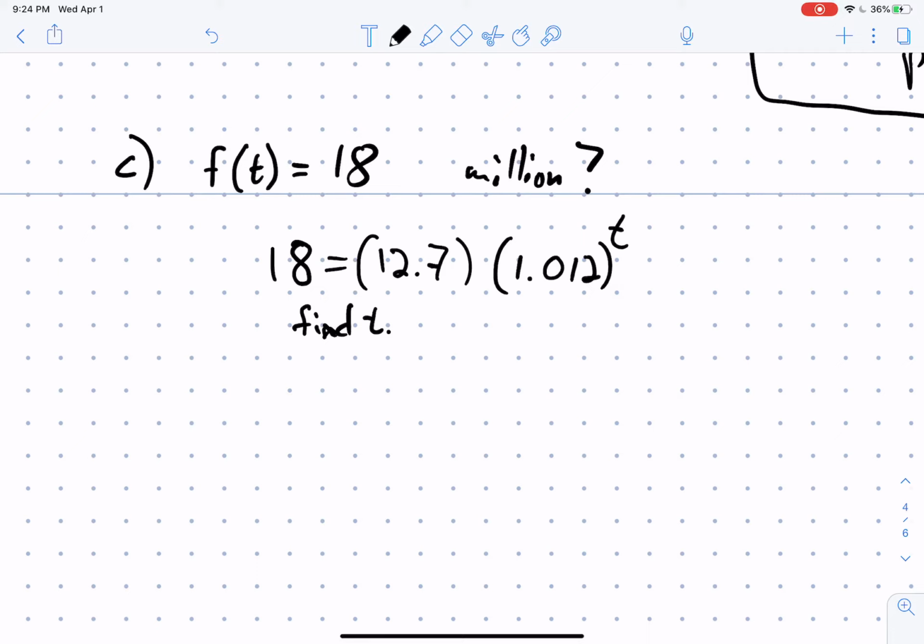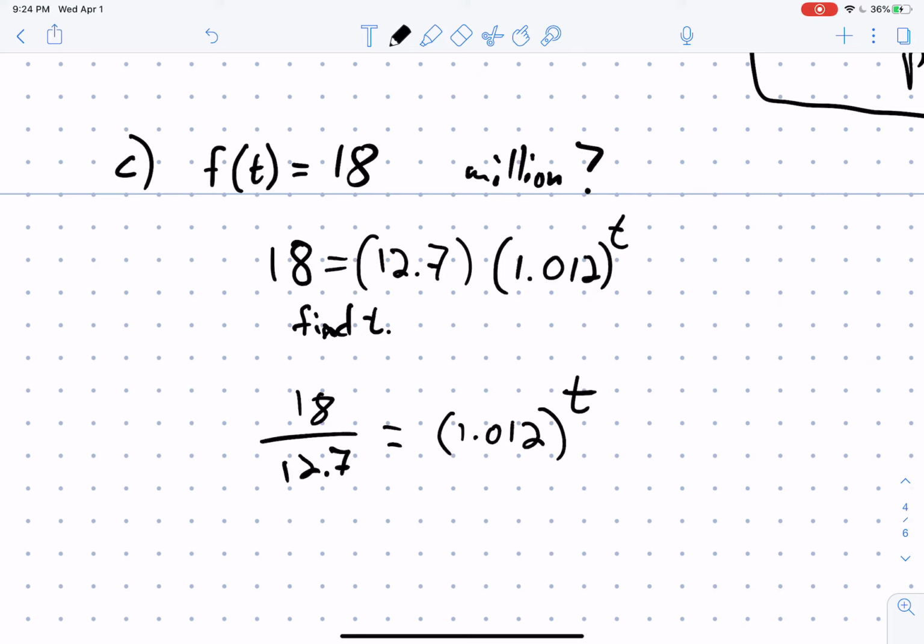The way that we're going to start is by getting rid of this number multiplied in front. And we can get rid of it by dividing both sides by 12.7. So what are we going to get on the left? We're going to get 18 over 12.7. And on the right, when we divide by 12.7, 12.7 cancels, and we just have 1.012 to the power t.